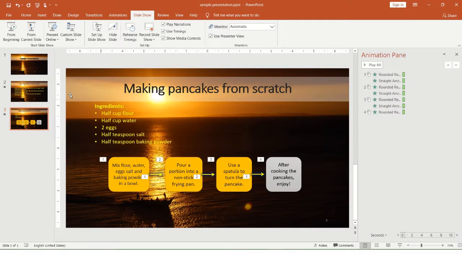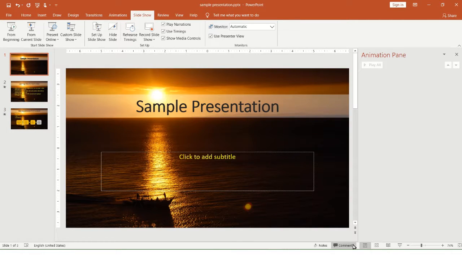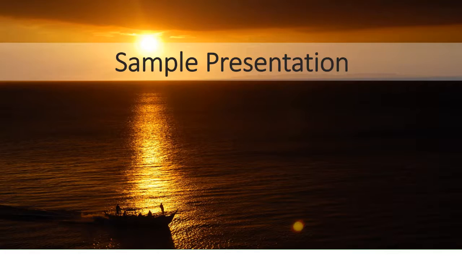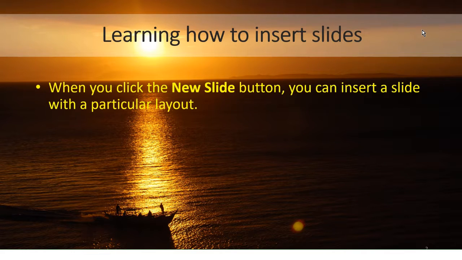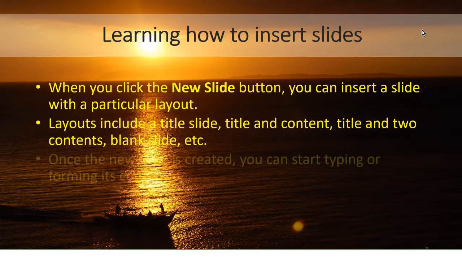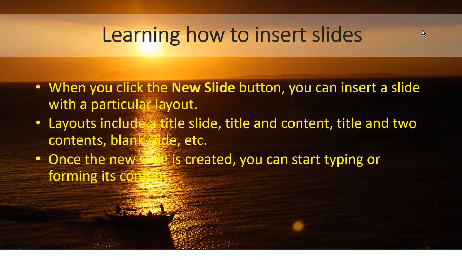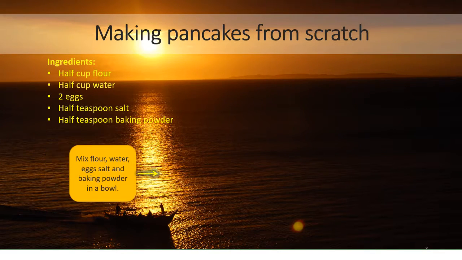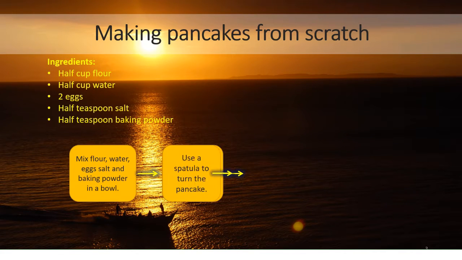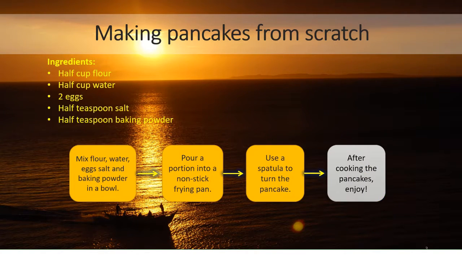Okay, so let me run again from the beginning. This time I will be using the From Beginning button, and this will start from the first slide. There's no animation here. The second slide animated the three bullets in the slide, and then we go to the next slide, and now there's animation applied to the four boxes there and the three arrows.